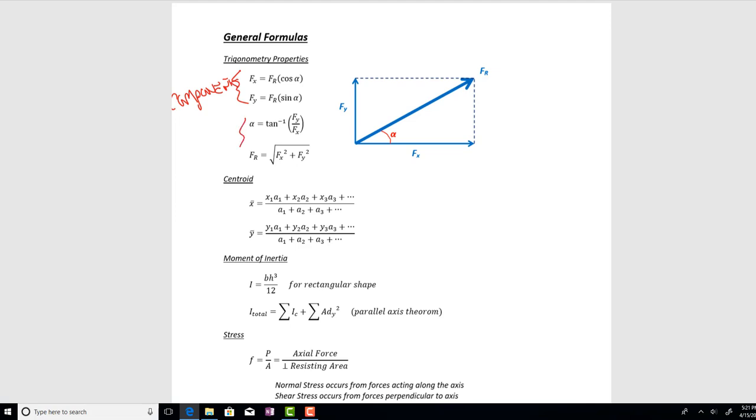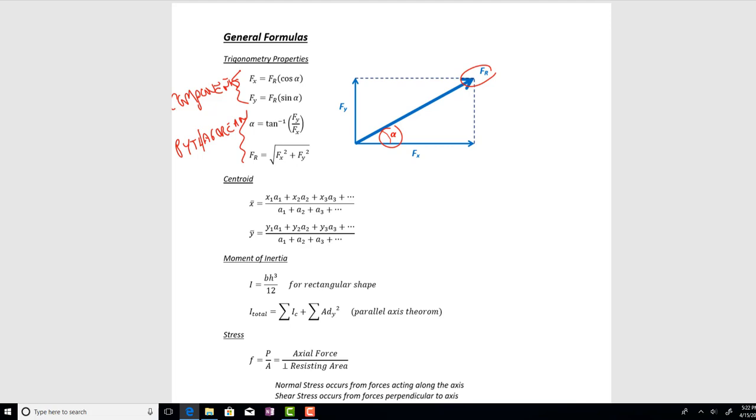If we're looking for the resultant force, then we would use these right here. And I think that's how you spell Pythagorean theorem. Essentially all you're doing is using the Pythagorean theorem to solve for the angle of the force or the actual resultant of the force by squaring the components, adding them together and taking the square root.